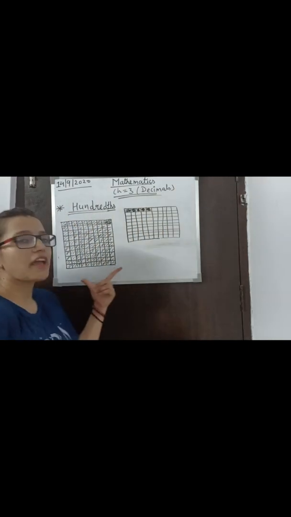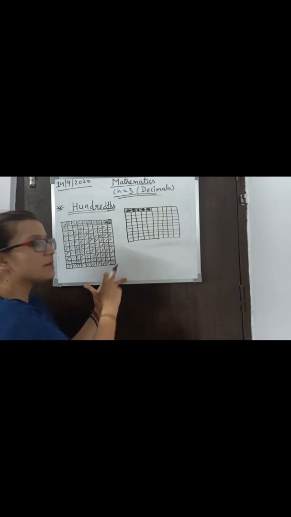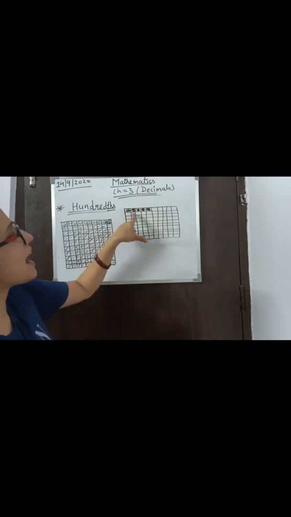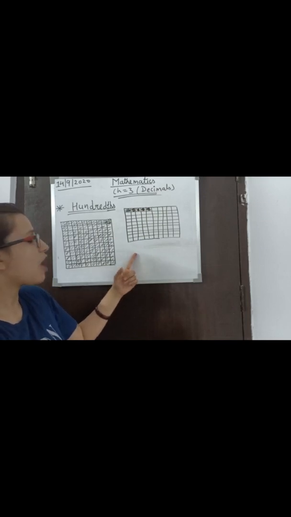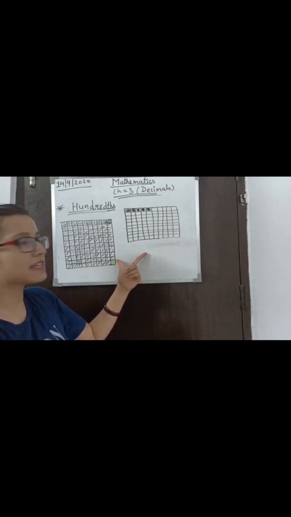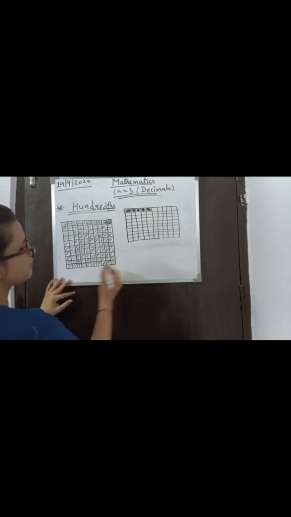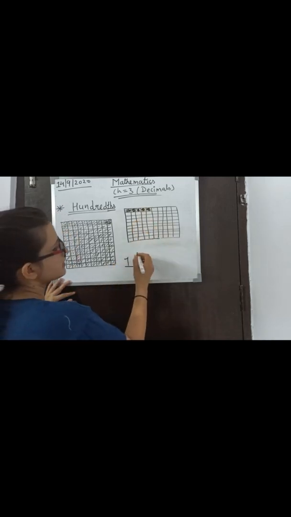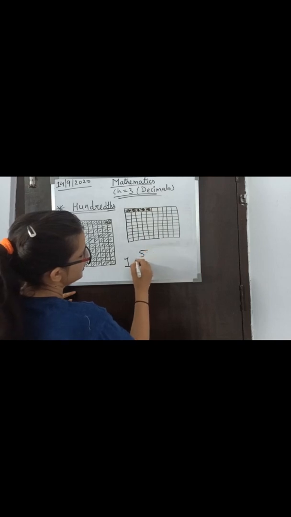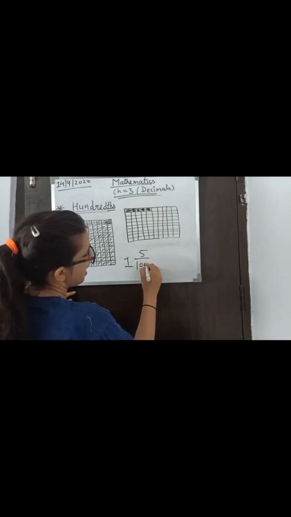Okay. Now we have one whole part and 5 shaded parts out of 100. So how will we write this in fractional form? We will write one whole part and 5 shaded parts out of 100.